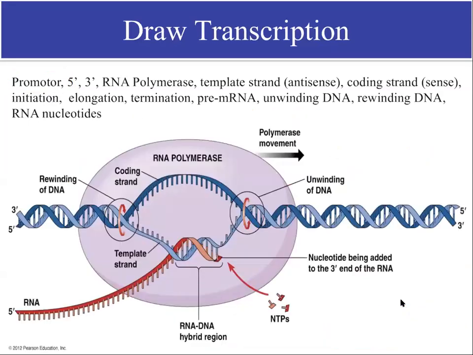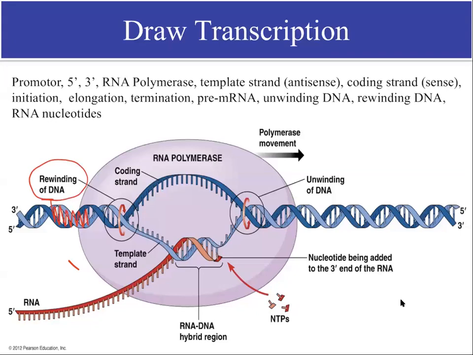So let's take a look. Here's a much nicer picture of what we've just been sketching. Here we see our RNA polymerase, which is this large purple circle. It started up here at the promoter region, and it is unwinding the DNA. Along one side, the RNA polymerase is adding RNA nucleotides.